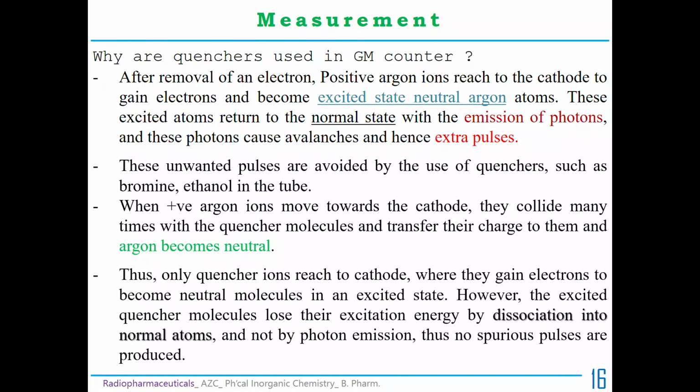Thus, only quencher ions reach the cathode, where they gain electrons to become neutral molecules in an excited state. However, the excited quencher molecules lose their excitation energy by dissociation into normal atoms, and not by photon emission. Thus, no spurious pulses are produced.